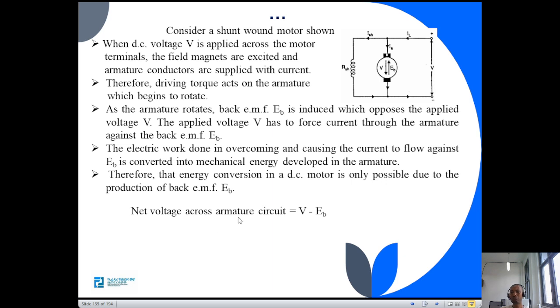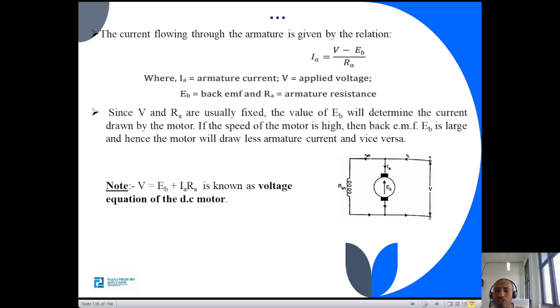So the net voltage across the machine is going to be the difference of the two. It means V minus EB, the net voltage, not force, inside the machine. Now from this circuit, if you write KVL for the shunt motor, it is going to be V equals EB plus IA RA, what we usually call the voltage equation of a DC motor.